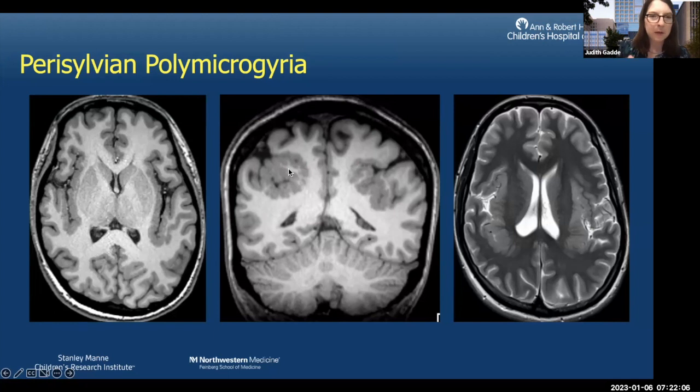So again, using my terminology of lumpy bumpy, these are very small gyri and very lumpy bumpy along the gyri and sulci here in the perisylvian region. And then the same findings confirmed on the axial T2 here on the right. It's just more lumpy bumpy than we would expect along those perisylvian regions.